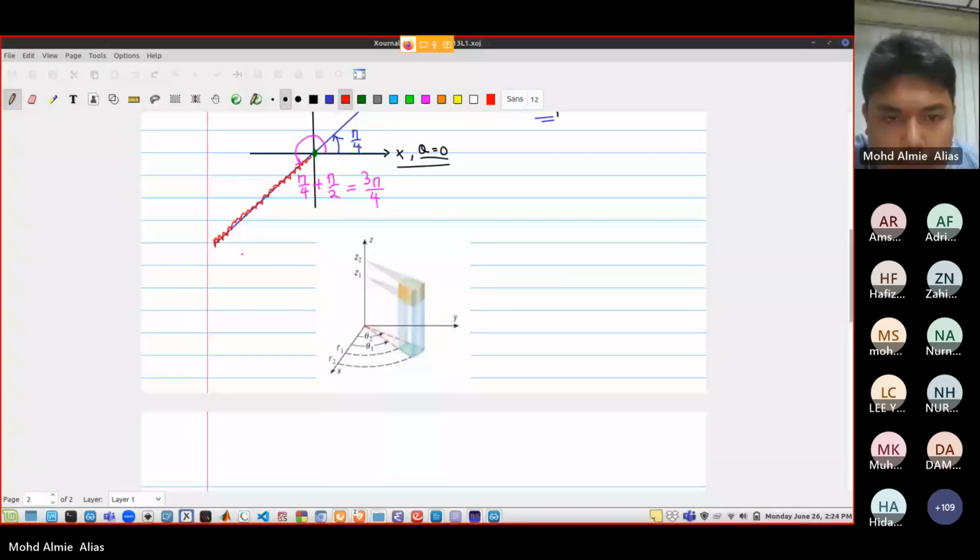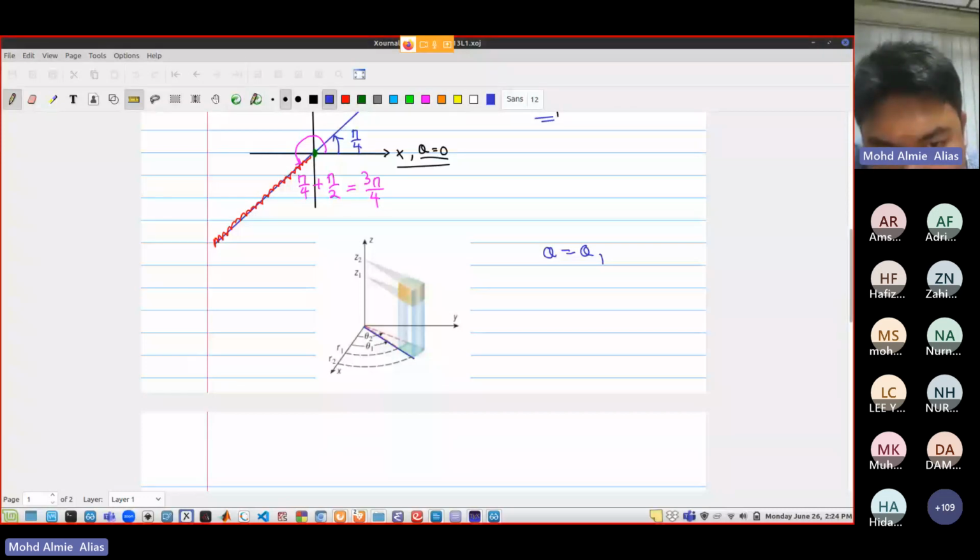So you have this. Let's say you want to draw a plane where theta equals theta 1. Let's say this is the angle where theta equals theta 1, which is actually this one. So you can draw multiple lines.